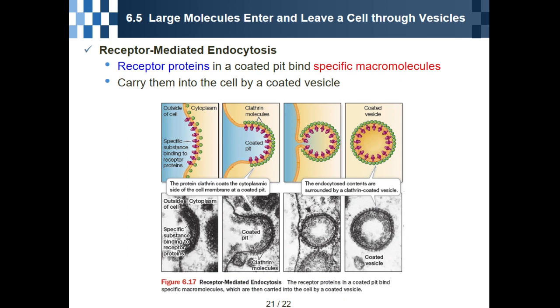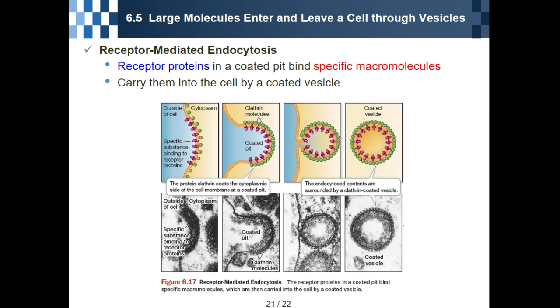So they have the receptor protein. The receptor protein in the coated pit can bind to the specific proteins. So they will make coated vesicles like this.